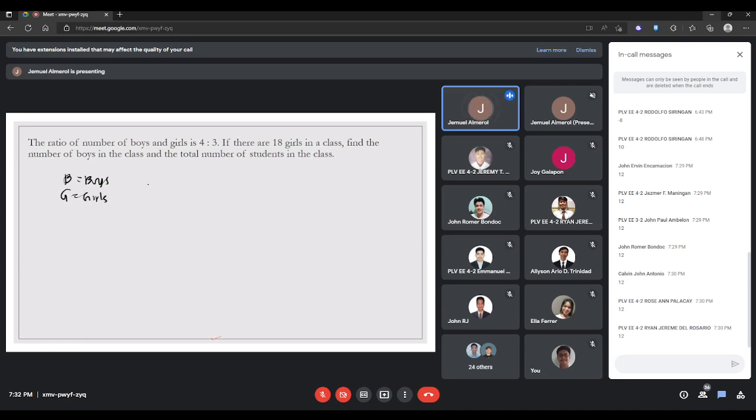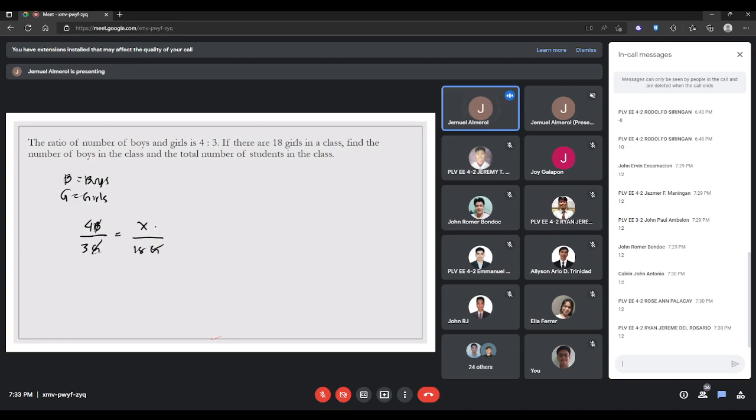Okay. So it says 4 boys over 3 girls is equal to x number of boys over 18 girls. Okay? So we cancel everything, no? So that only x remains.